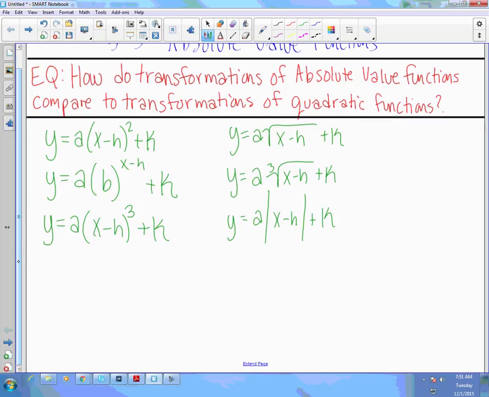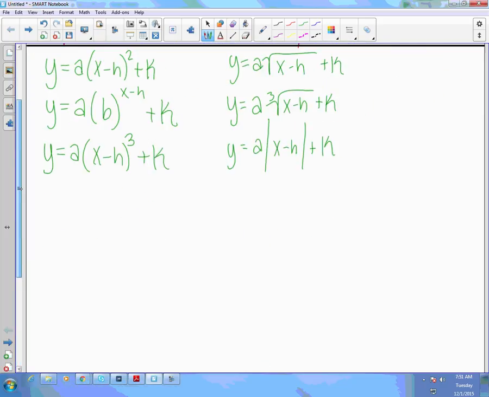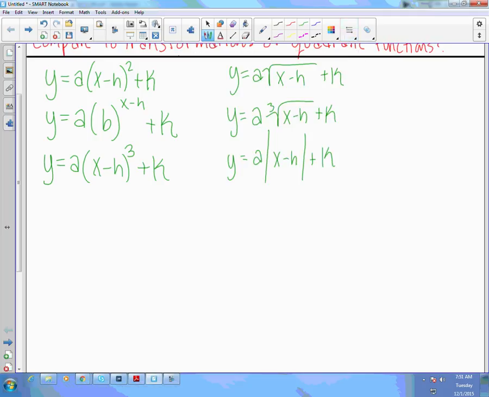A does 3 possible different things to the graph. Let me remember what a does to the graph. We've done quadratics, so with an a out front in the quadratic, what does it do to the graph? Yeah, it's either concave up or concave down.